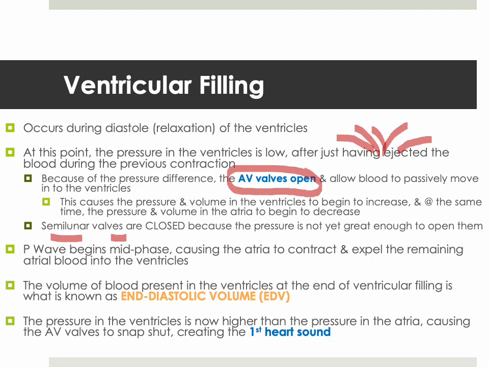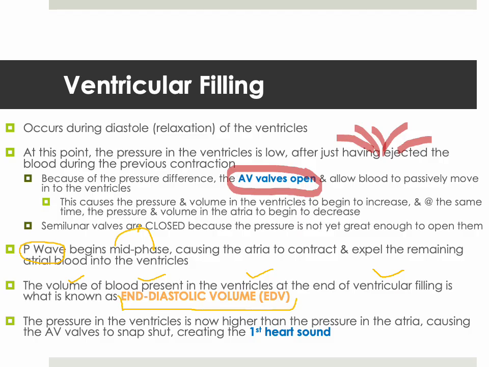Now, keep in mind where we are at with this. This is the beginning. This is like the middle of the hump of the first wave, okay? All right, so the volume of the blood present in the ventricles at the end of ventricular filling is known as end diastolic volume, okay?